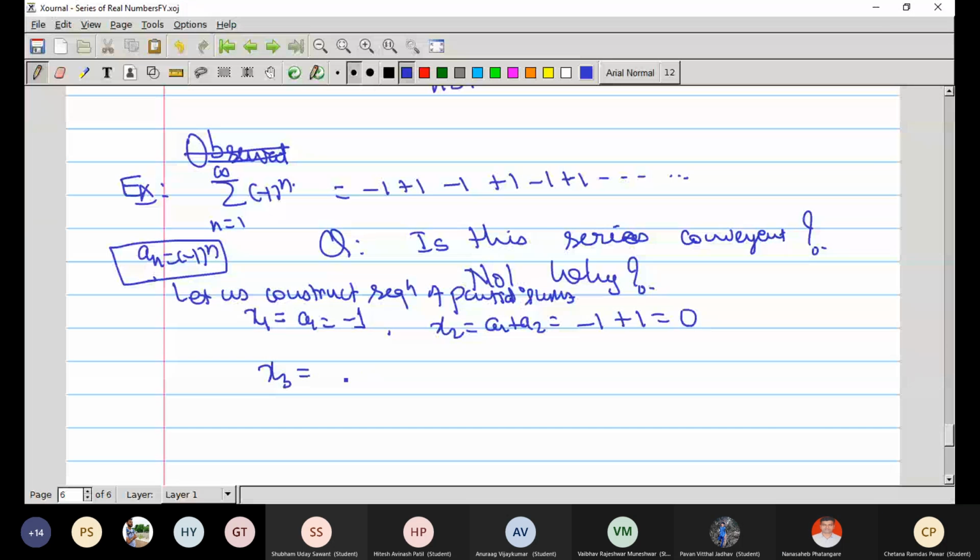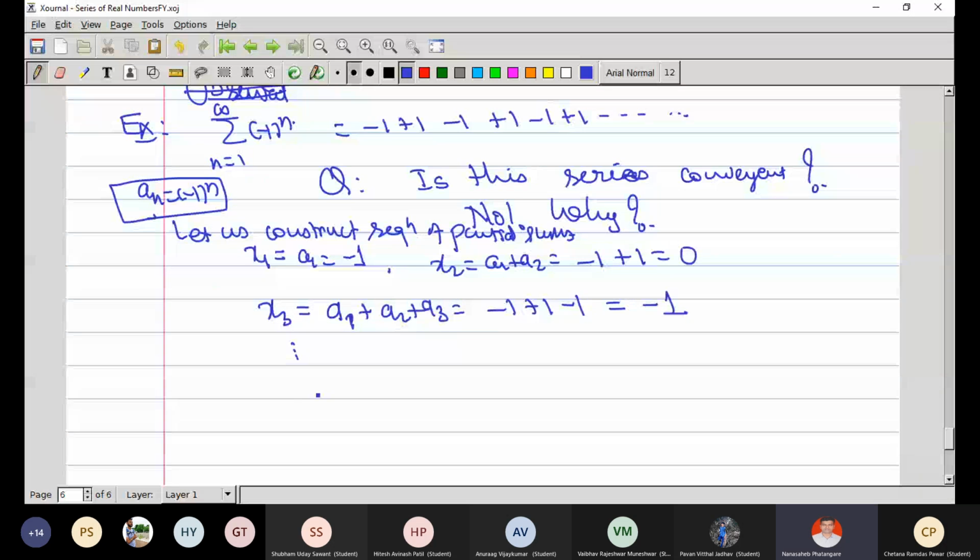Yes, sir. x3 is a1 plus a2 plus a3. What is it? Minus 1 plus 1 minus 1. Again minus 1. And therefore, what is the sequence xn? Therefore, the sequence xn is minus 1, 0, minus 1, 0, minus 1, 0, and so on.